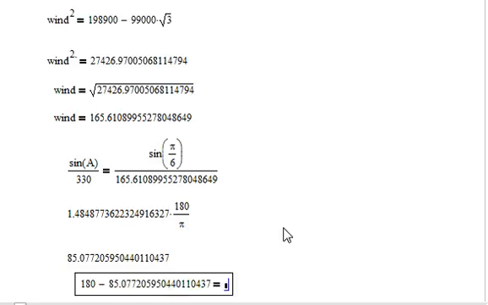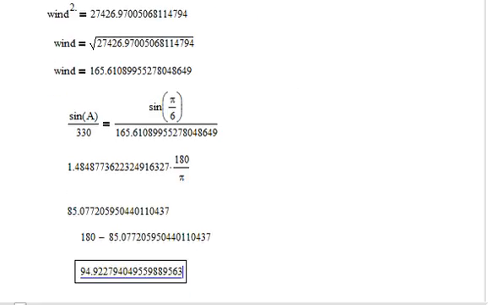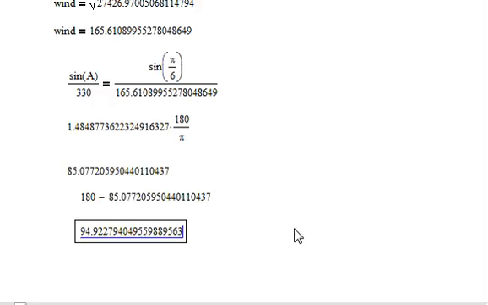Let's simplify that. That angle is really 94.922 degrees. Now we're getting somewhere, but that's still not the angle we need.